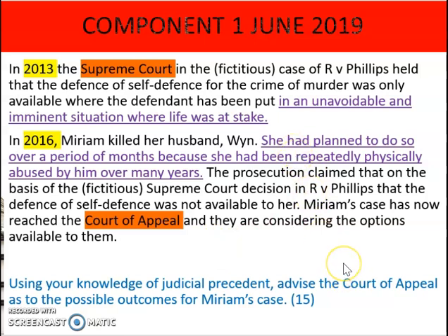But at this point, what I would say is that perhaps the case can be distinguished, but if the Court of Appeal can't distinguish it, it would be possible for this court case to then be appealed to the Supreme Court, and the Supreme Court could possibly overrule its own previous decision in the case of R and Phillips using practice directions 3 and 4.